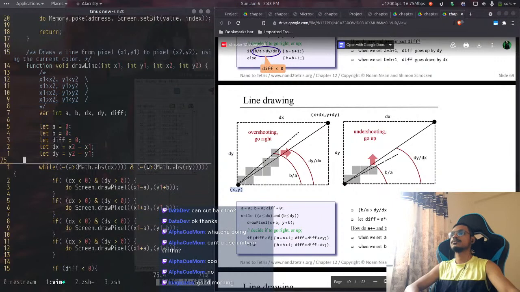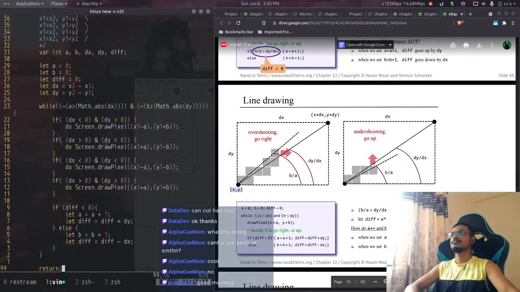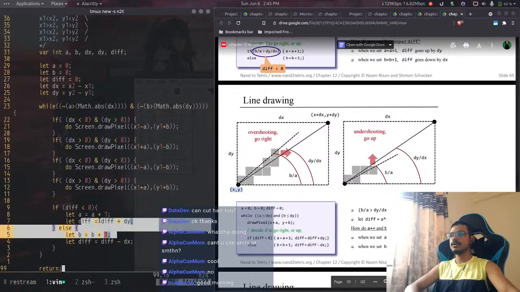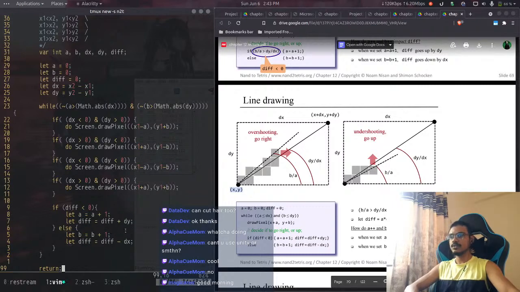And when we are increasing either A or B, but in this case y is decreasing, right, as we move in this direction.